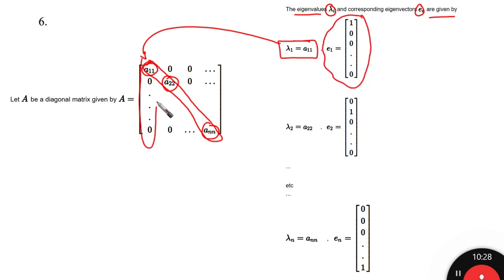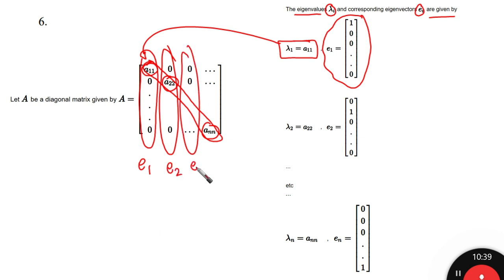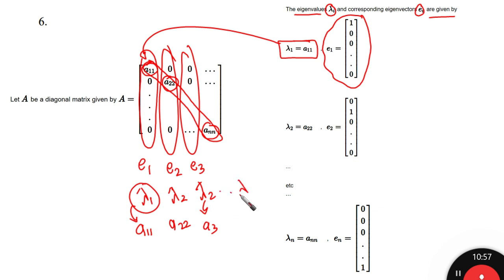The first column here is going to be the first eigenvector, the second column is going to be the second eigenvector, and the third is going to be the third eigenvector, and each one corresponds to its lambda. So lambda 1, lambda 2, lambda 3, and so on. This lambda is a11, this is a22, this is a33, and if we have lambda n, then it is ann, and then we have en, which is the eigenvector.